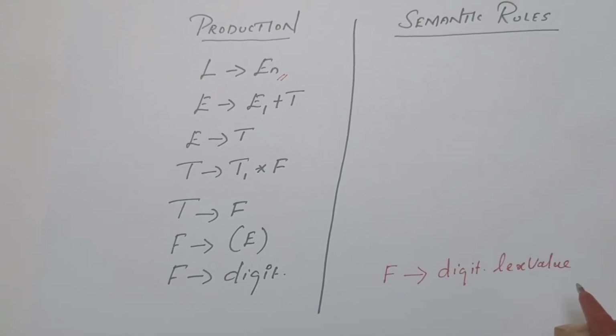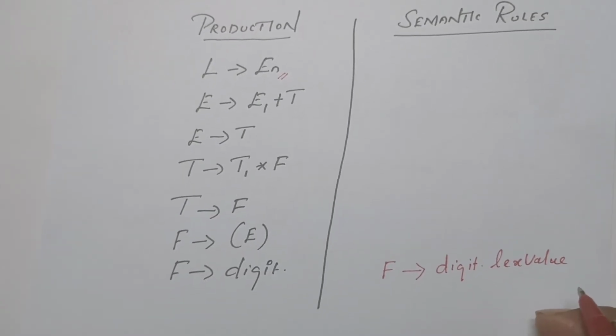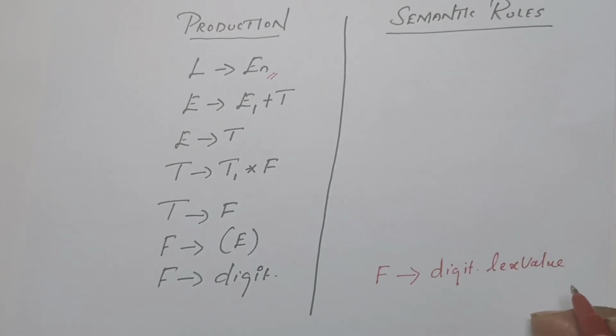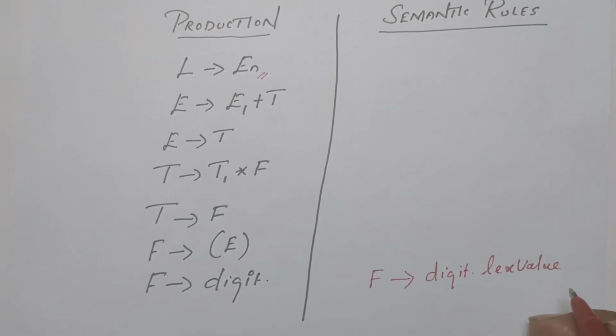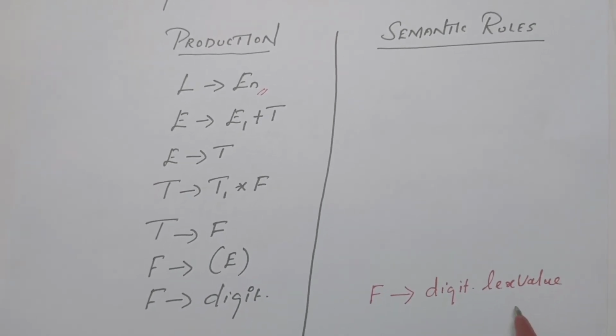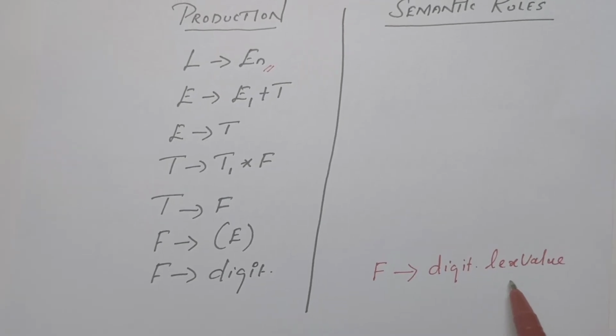Because during the lexical analysis phase itself, the information of identifiers, constants, all those things is inserted into the symbol table. So during the third phase, when the translation is happening, those values are fetched, supplied by the lexer. Already it is available in the symbol table.